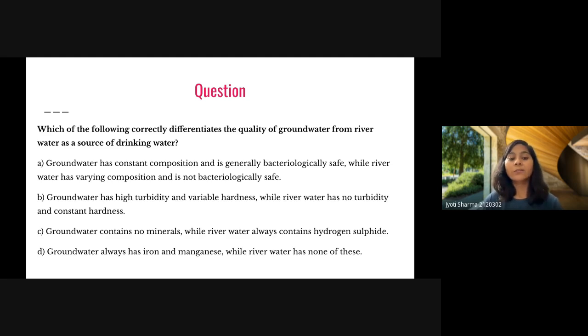Option D: groundwater always has iron and manganese, while river water has none of these. So what do you think, what is the right answer? Can you differentiate which one is aligned to groundwater and which one is aligned to river water? Any guess?